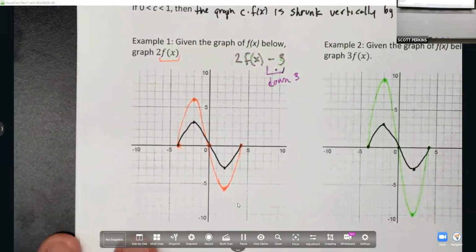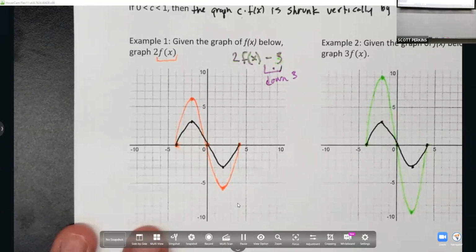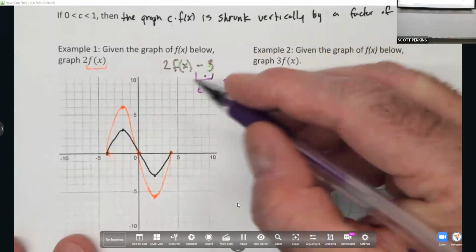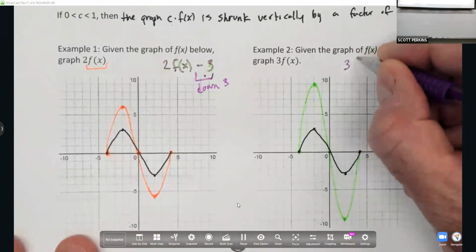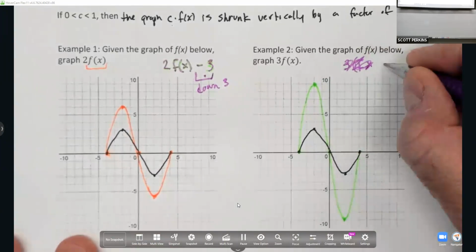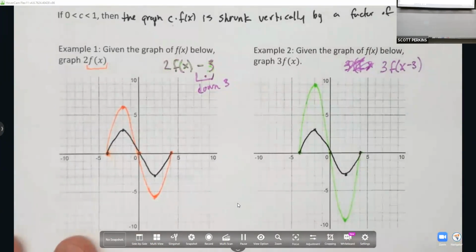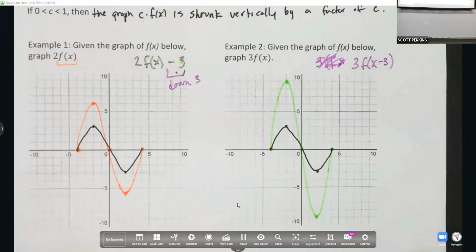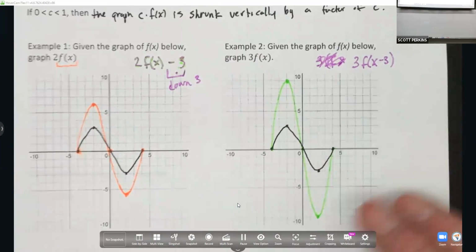On the next one that you did, we'll solve that because some of you were pointing left or right. So there's a difference. Remember, this -3 is outside. If I had written this 3f of x -3, and if I put the -3 inside the parentheses, that's different, remember. And you'll do that one in just a minute.